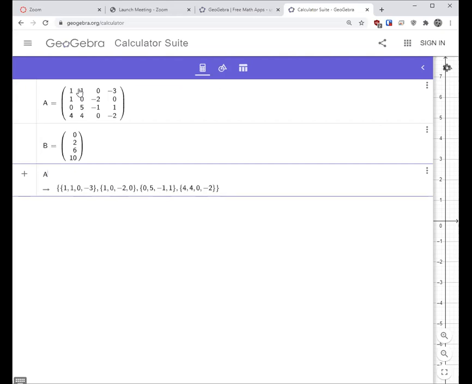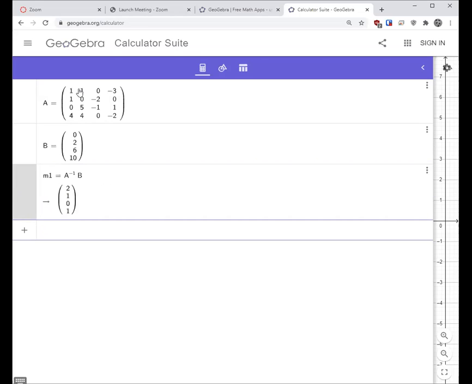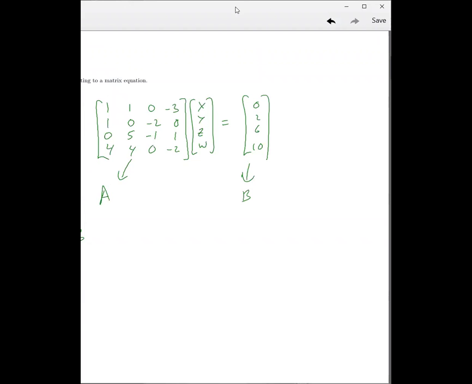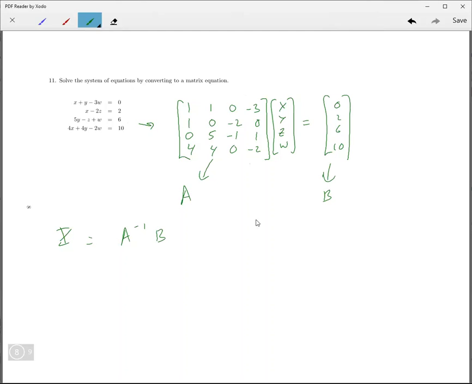And then you calculate A inverse B. Yay, that's nice. 2101. That's the answer. From our good friends at Geogebra.